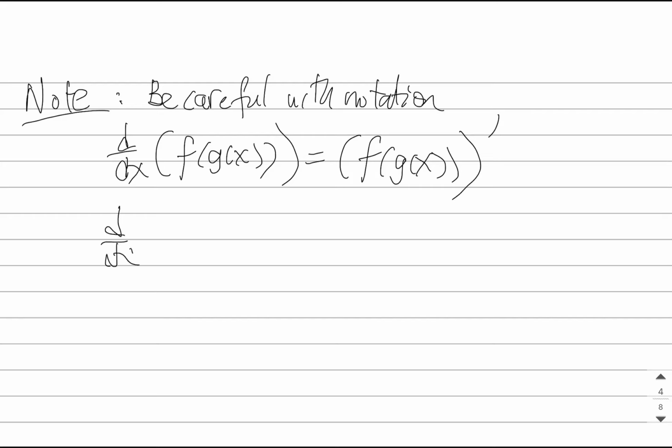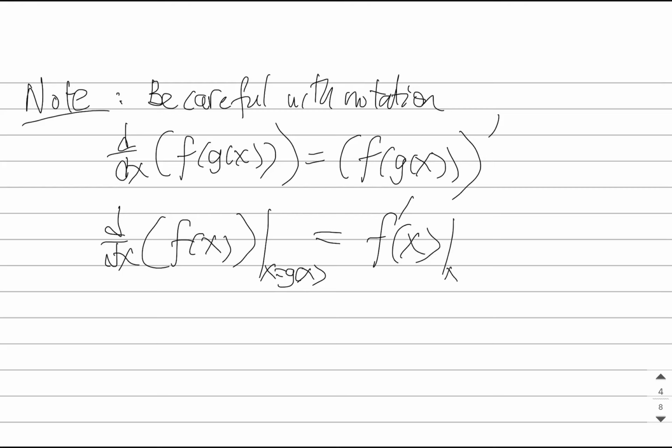But you have to be careful that that expression is a little bit different than this expression. So this would be f prime of x evaluated at x is g of x, which is just f prime of g of x. These two are not the same.